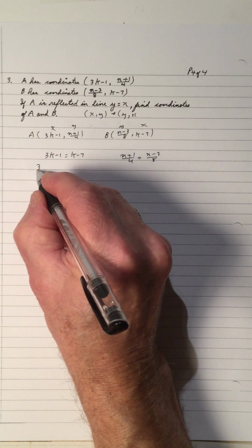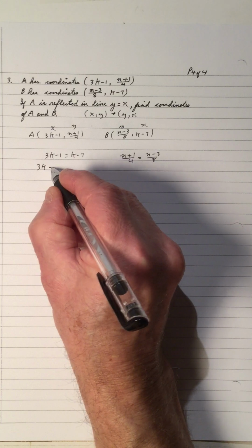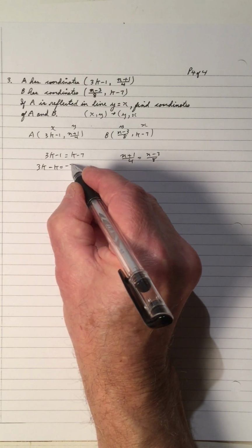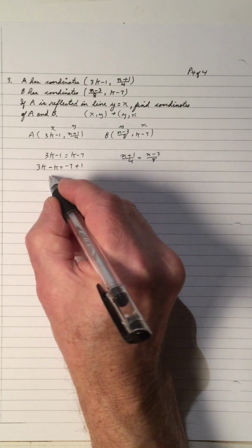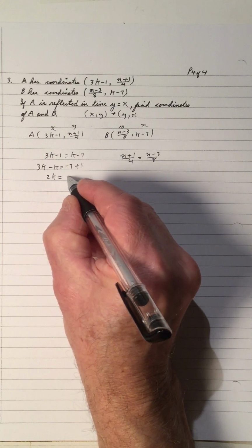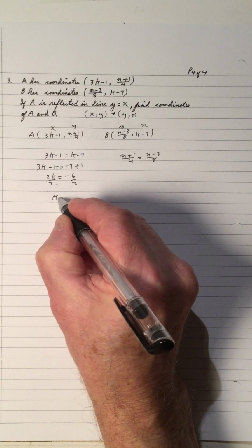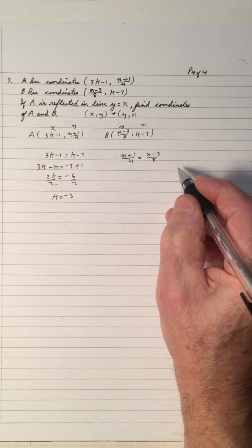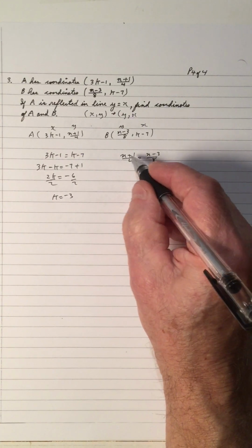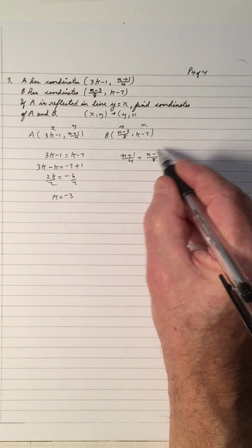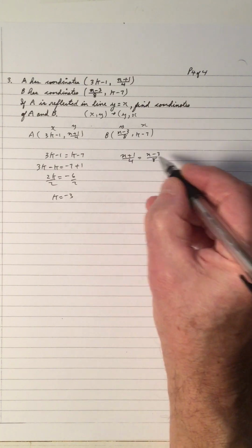We solve it. 3k minus k equals negative 7 plus 1. 2k is negative 6, divided by 2. That means k is negative 3. And we solve this. We can cross multiply. We can do a common denominator, but it's easier to cross multiply.